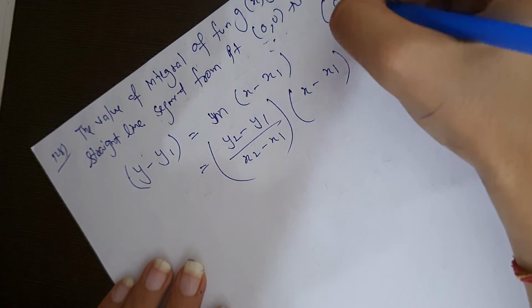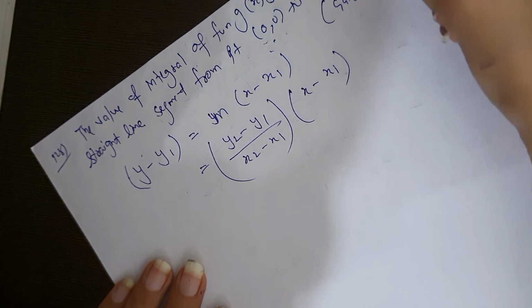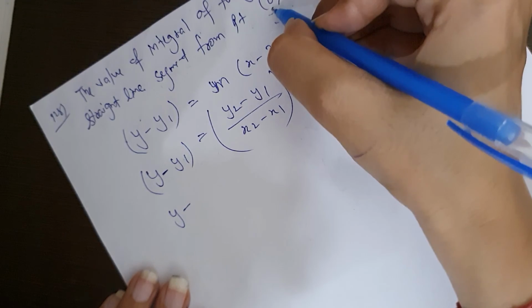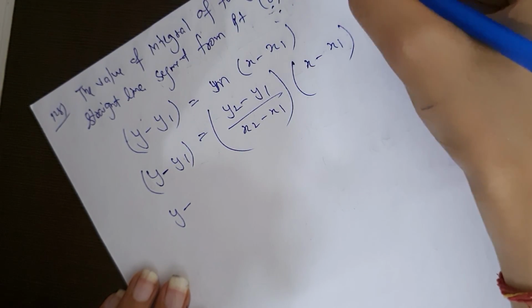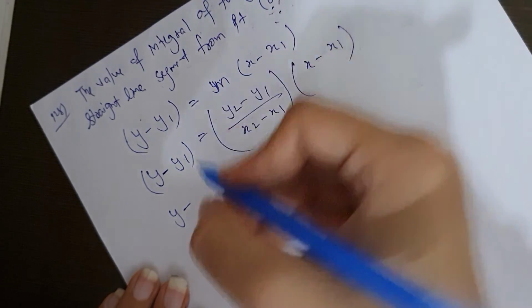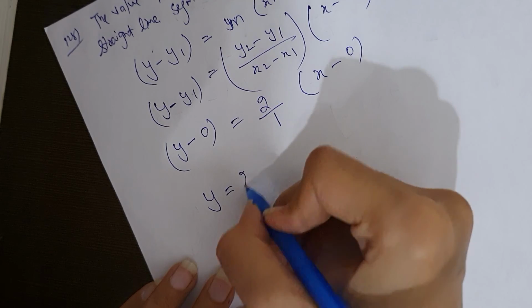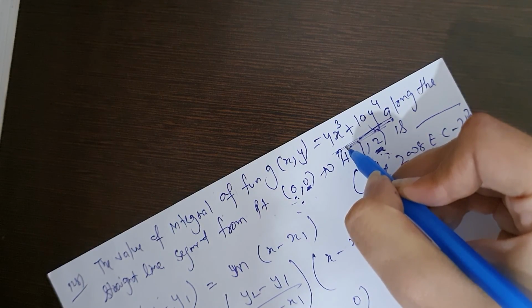This is also a GATE 2008 ECE 2 marks question. Suppose we have taken this as x1, this as y1, this as x2, this as y2. So y1 is 0, x minus x1 is x minus 0. The answer comes out to be y is equal to 2x. So put the value of y in this equation to get the value in terms of x.